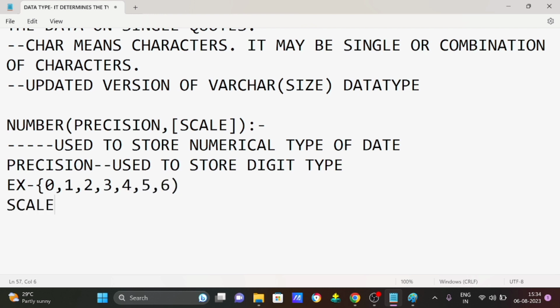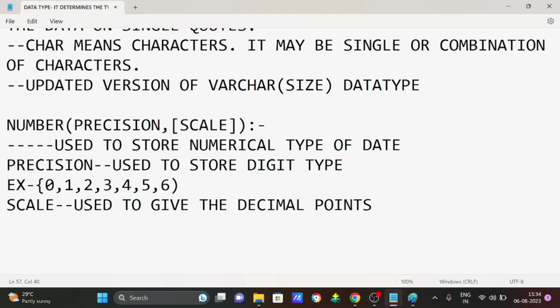And coming to scale, it is used to give the decimal point data or values. So these two different parameters have different tasks to perform. The precision is used to store the type of the digit of the number, and scale is used to give the decimal points of the data or values.